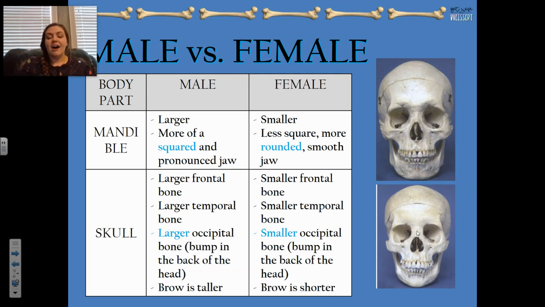A lot of this part of your face is still going to mature. And not all women lack it, like I do, it sticks out a bit on mine. So I have a slightly masculine brow. It's not like all men are going to have giant brow ridges. Some of them don't. It's just that on average, those tend to be bigger on a male, smaller on a female.